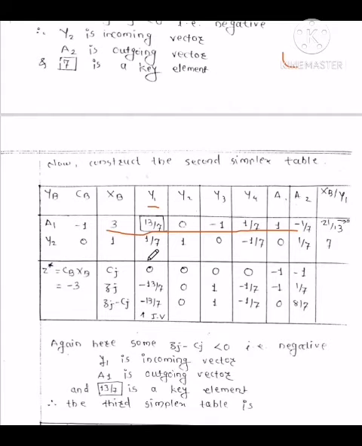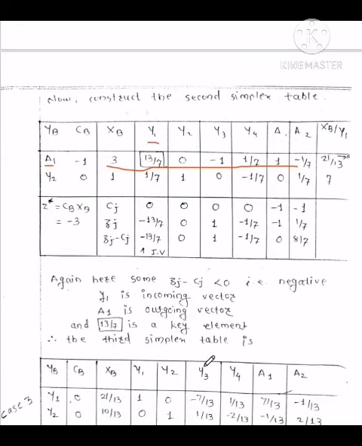And second, xb means 1 divided by 1 by 7 is 7. So 21 by 13 is the minimum ratio. Therefore the corresponding vector will leave the basis. So here the incoming vector is y1, a2 is the outgoing vector, and 13 by 7 is the key element.